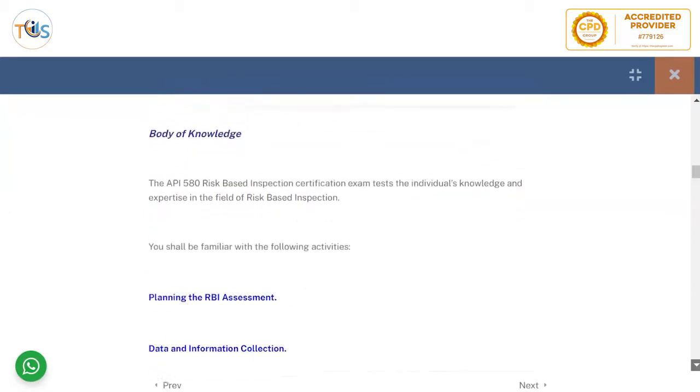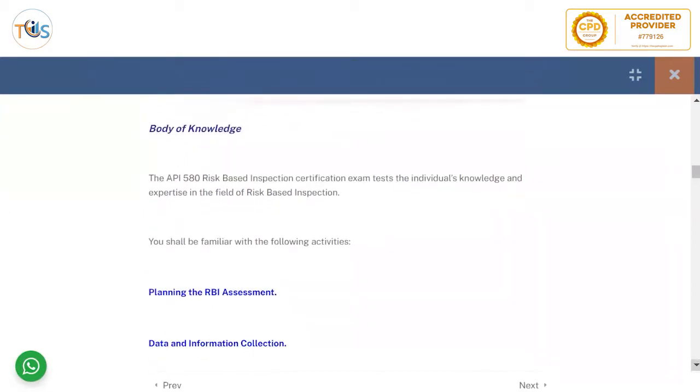Body of knowledge. The API 580 Risk-Based Inspection Certification exam tests the individual's knowledge and expertise in the field of risk-based inspection.